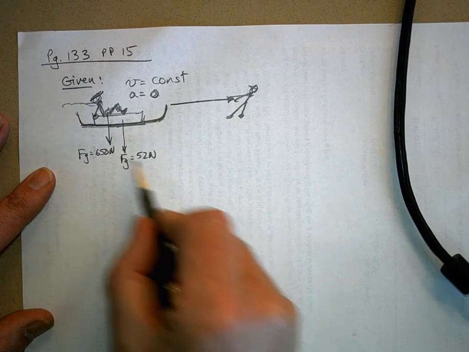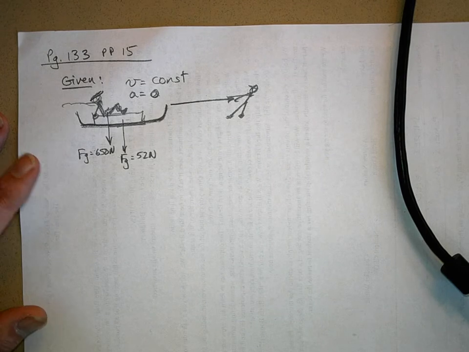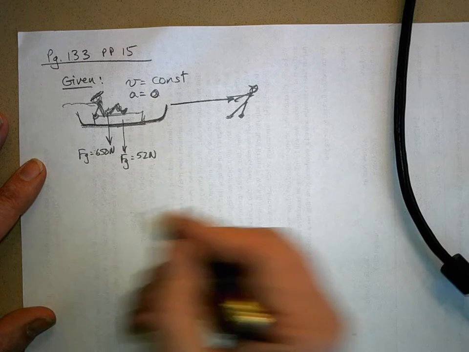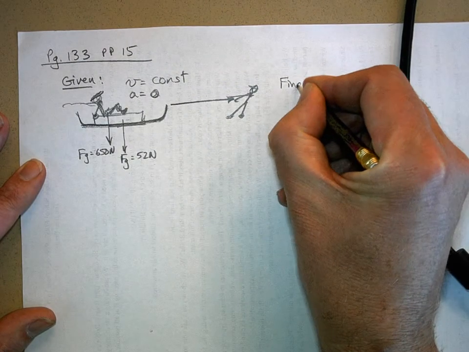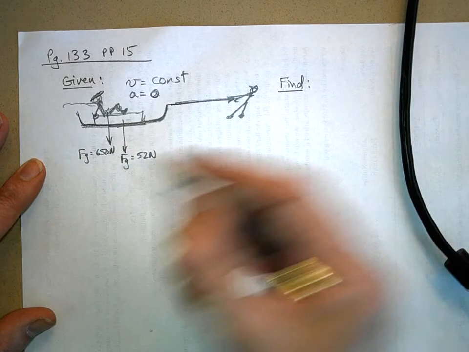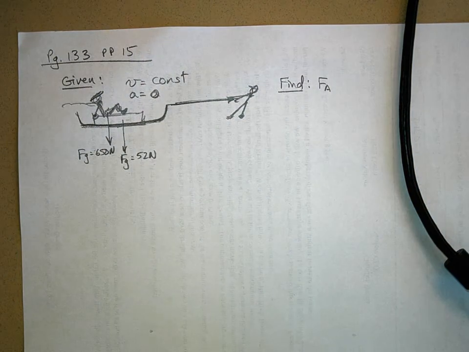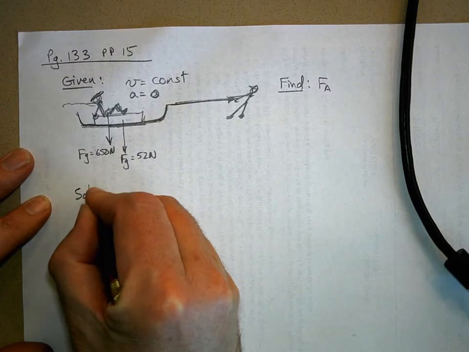So pretty light sled, so we have to add these together to get the total weight. So this is what's given. And what are we trying to find? Yeah, the force that this kid's pulling on it with, we'll call that the applied force. Or you can call it F sub P for pulling force, or F sub B for the force of the boy pulling. I don't care. I don't even know if it's a boy. All right, so let's solve.